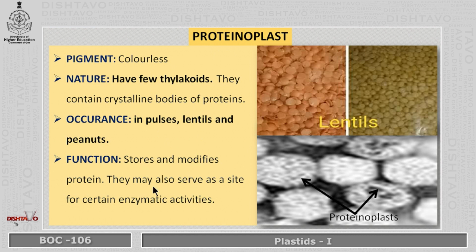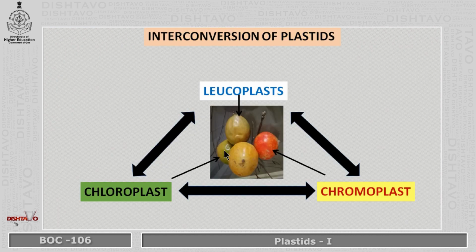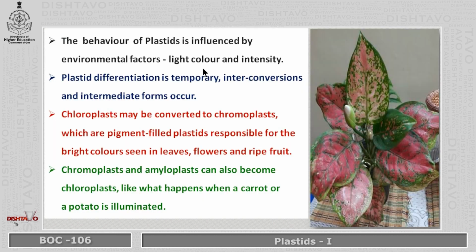They have a few thylakoids, and they contain crystalline bodies of proteins. They are found in pulses, lentils, and peanuts. They store protein and serve as a site for certain enzymatic activities. You can see here how they are concentrated in the cells.